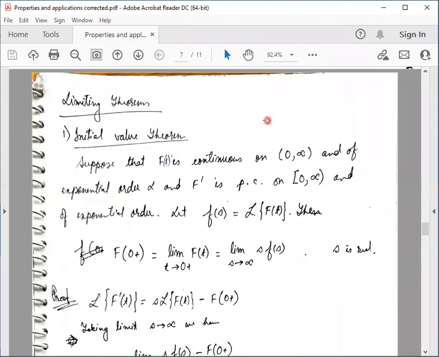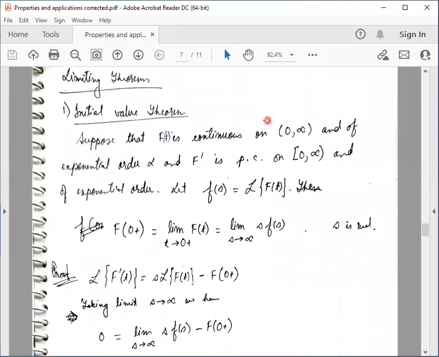Then we have one limiting theorem here. This is called the initial value theorem. And what does it say? Suppose that the function f of t is continuous on the interval 0 to infinity and is of exponential order alpha, and f prime, the derivative of f with respect to t, is piecewise continuous on the interval 0 to infinity and is of exponential order.